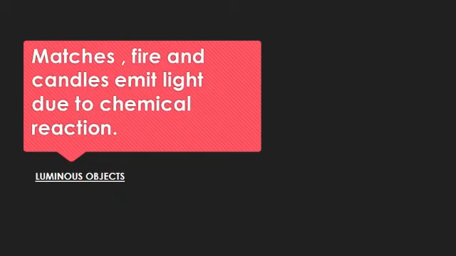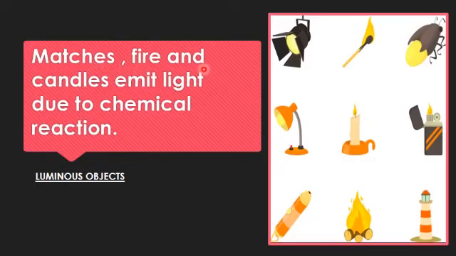Here you can see some more examples of luminous objects, and why they give light. So you can see matches, fire, candlelight, electric bulb light, glowing bug, a lighter, rockets. All these give out light.